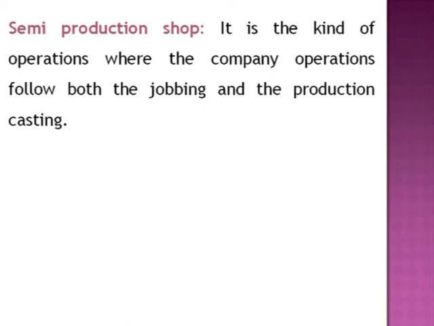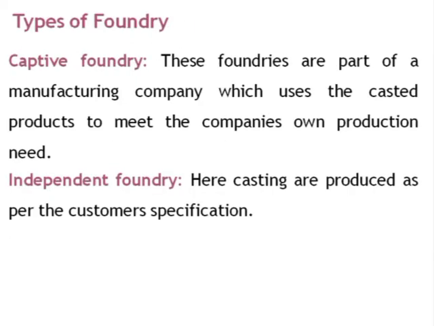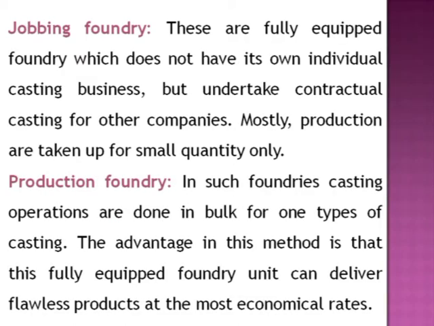Okay. So if we conclude, the first one is captive. We can write in a simple way, captive means casting products produced for own use. Independent foundry means the casting is produced as per the customer specification or customer need.